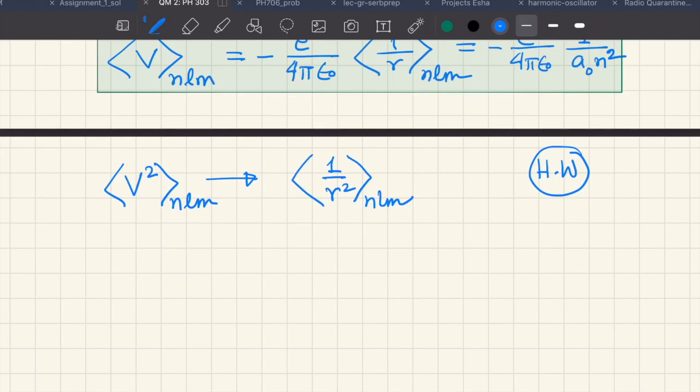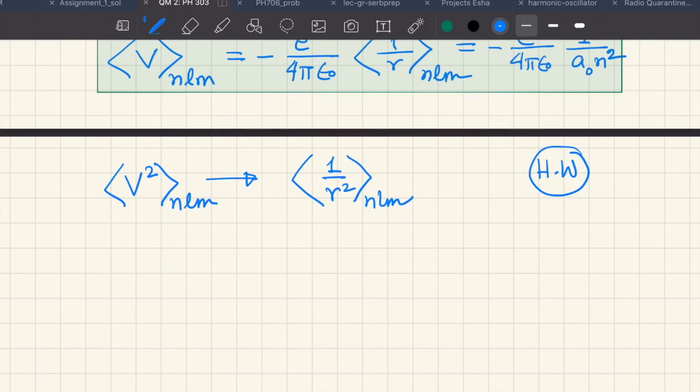I will assign this in tutorial 3. The necessary ingredient, as I have already said, is supplied in your assignment 2 in the form of the Feynman-Hellmann theorem. So you have to use that theorem to figure out the expectation value of 1 by R squared.